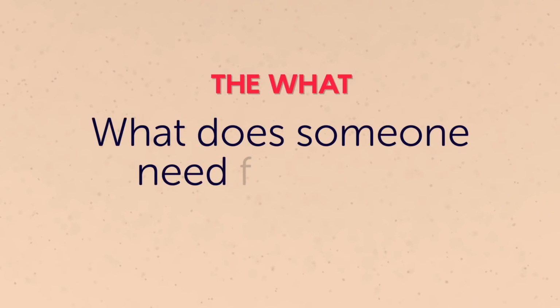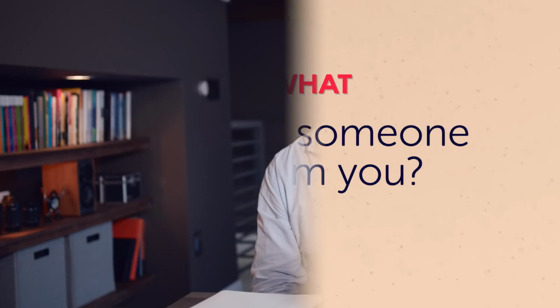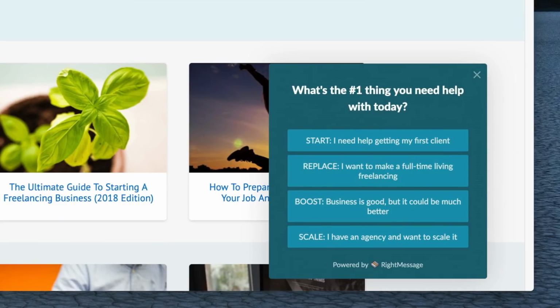Okay. So after you've captured the who data, the final component is going to be the what data, or the need. So why is somebody here? What do they need from you to make their experience with you worthwhile? In my case, with the Double Your Freelancing example, I want to know, why are you here? Are you here because you're looking to start a business?